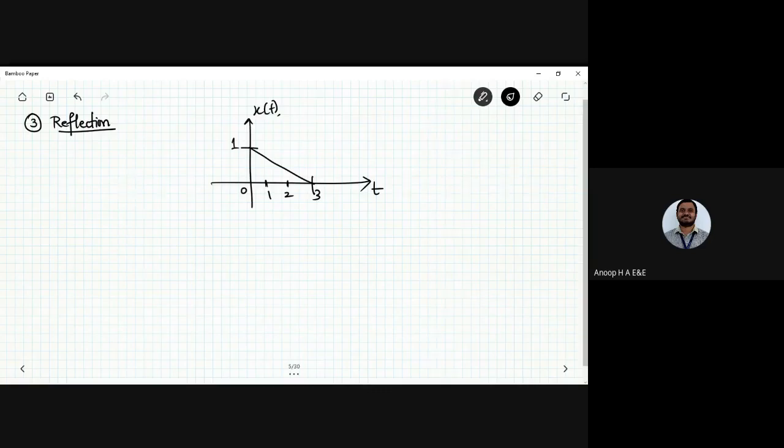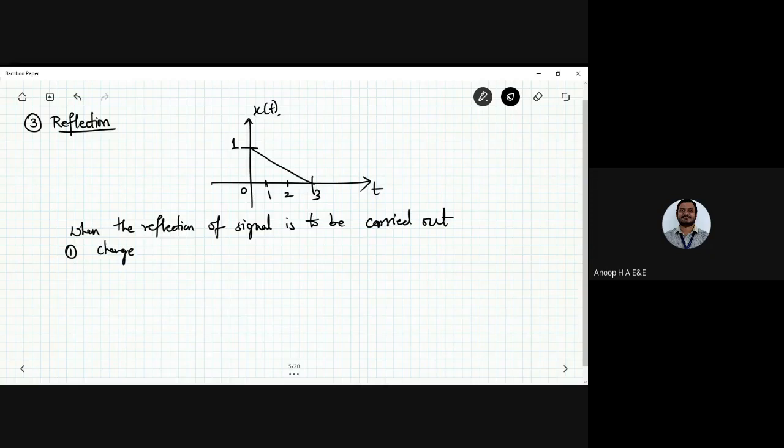Okay, so when the reflection of signal is to be carried out, first step, what you will be doing, change t to minus t.